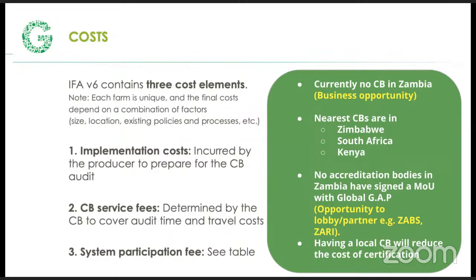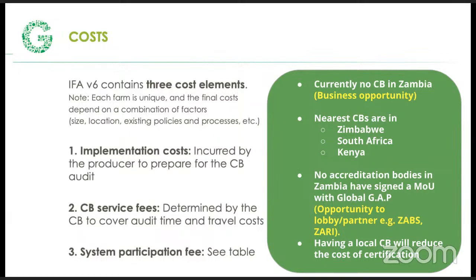And then thirdly, it's the system participation fee. And this is the one that you pay to Global GAP itself. They charge in euros, and it's dependent on the size of the land that you're producing on. So I'll show a table that highlights that.